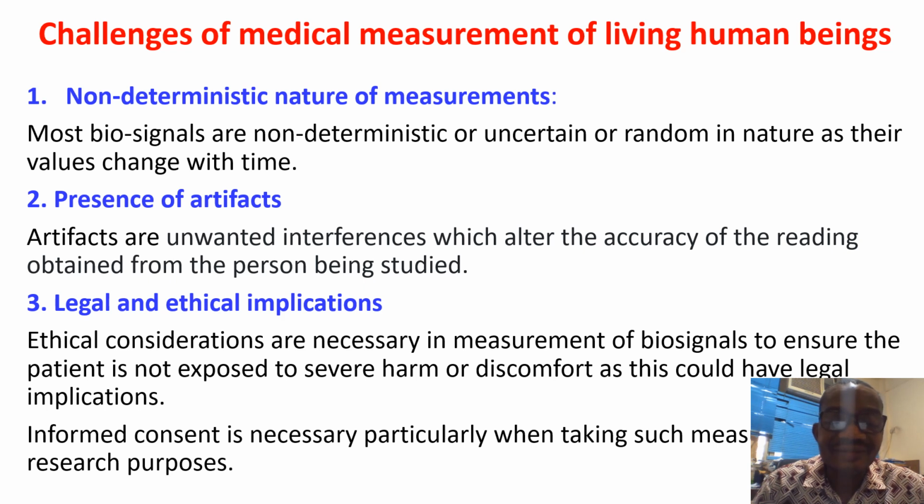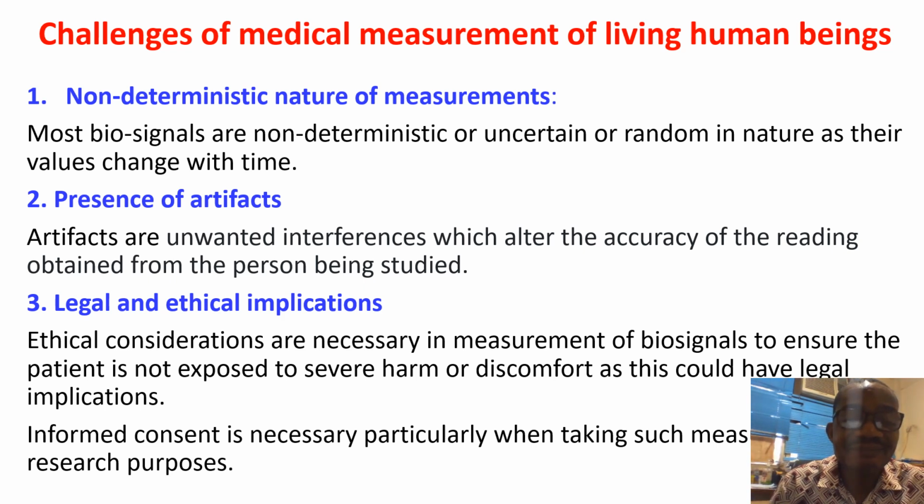The presence of artifacts can distort the value that is being measured such that the wrong results are gotten. So that is a major challenge while taking measurements in living human beings.